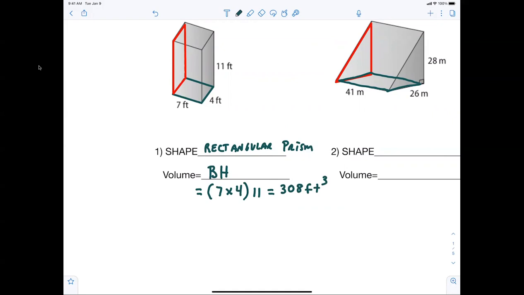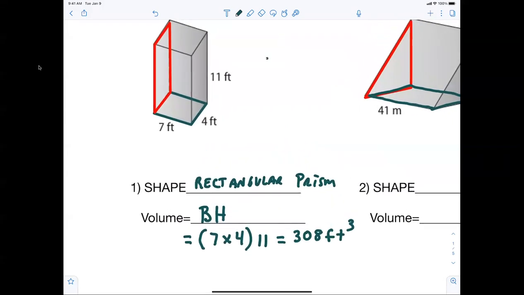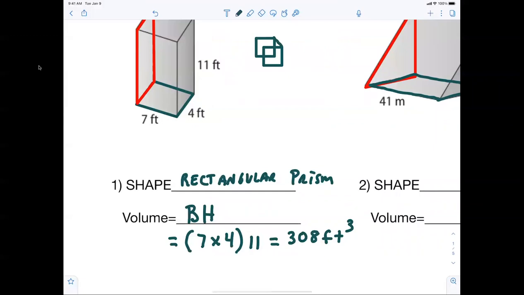Now, why is it called a cubic foot? Because look right here, guys. I'm going to draw a cube. And I want everybody to kind of watch what I'm doing. This is a cube. Now, why do they call it a cube? Because its dimension is 1 foot.